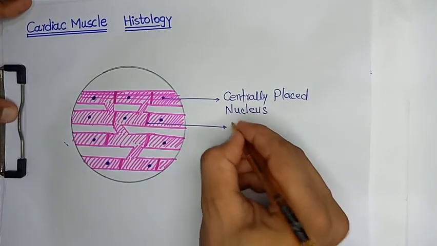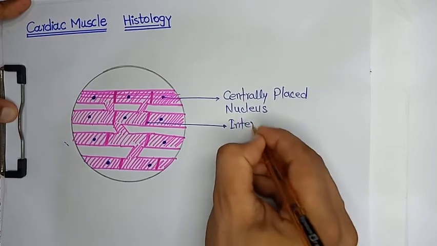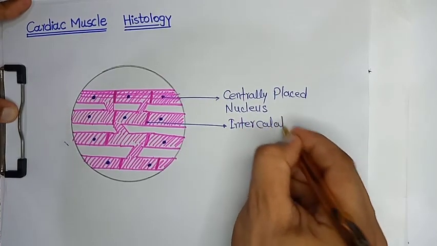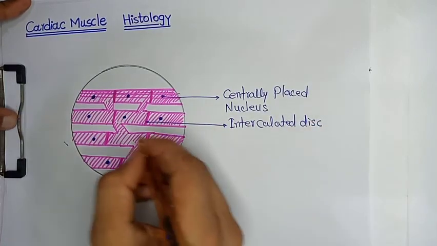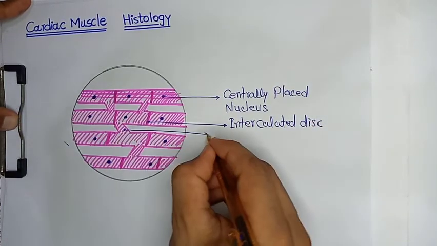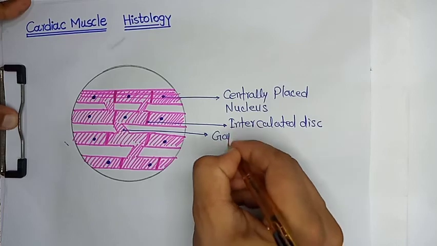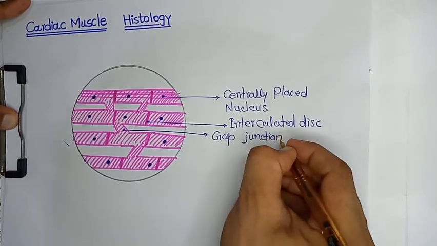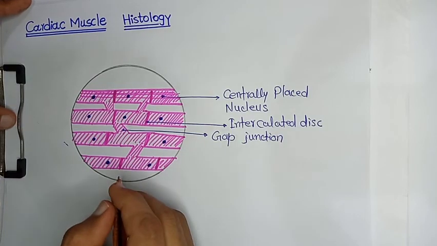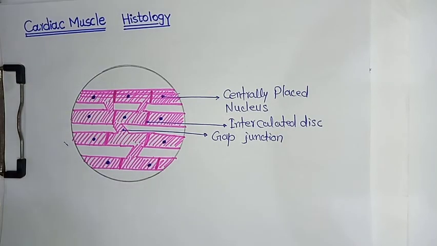Now we label the diagram. Centrally placed nucleus, intercalated disc. These are the gap junctions.